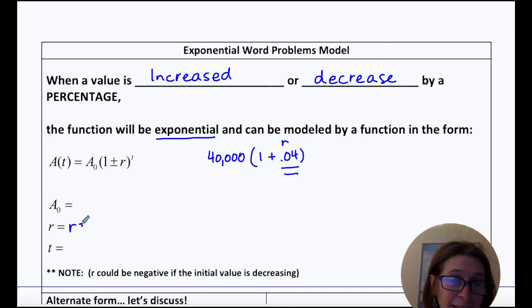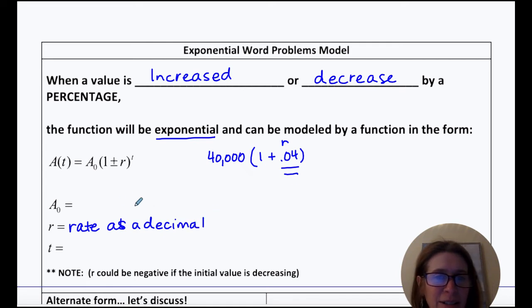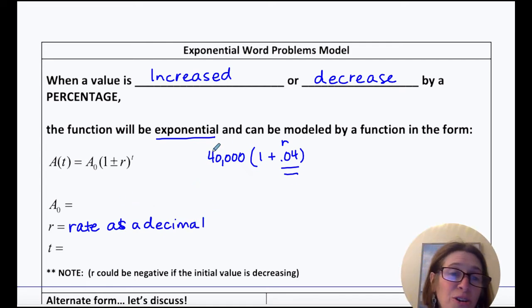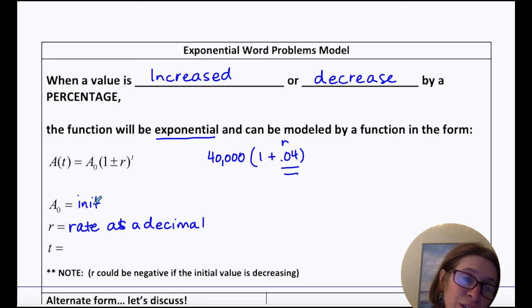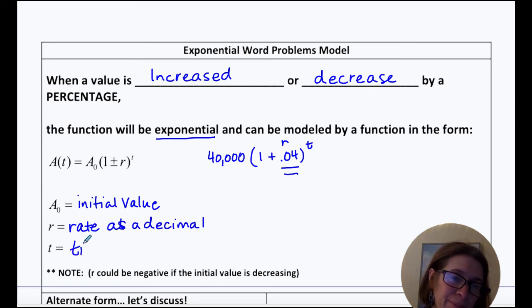So this is our rate as a decimal. And what was a sub 0? That was the 40,000, the starting amount. So we call that the initial value. And you know from our work with the graph that that's the y-intercept, right? And then we'd raise it to the t power, so that would be the time in years.